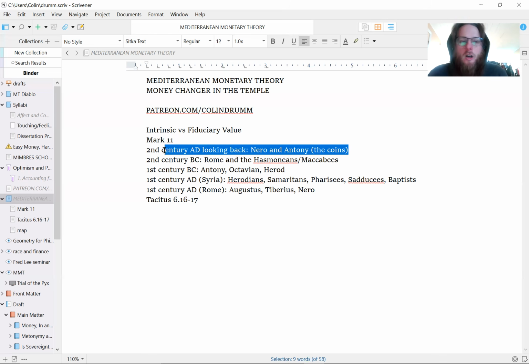If you're in Syria, Palestine, Judea in the 2nd century AD, there are two major coins that you're going to use a lot. These are the denarius of Nero, and somewhat surprisingly, the Legionary Denarius of Mark Antony, which by this point are about 200 years old. They've been circulating for a couple of centuries, and they're getting a little worn.